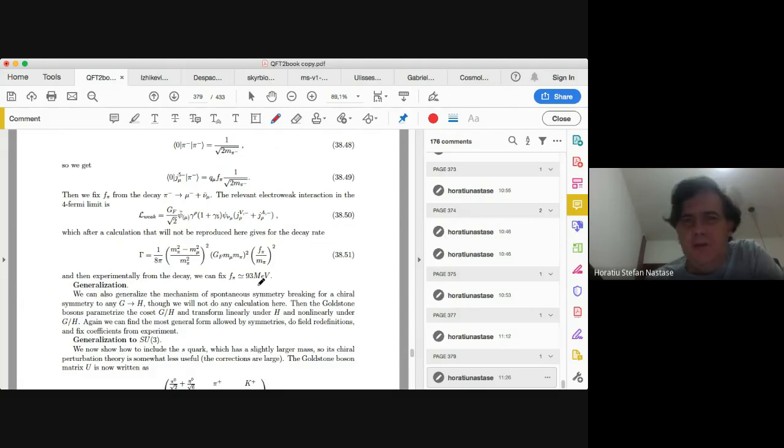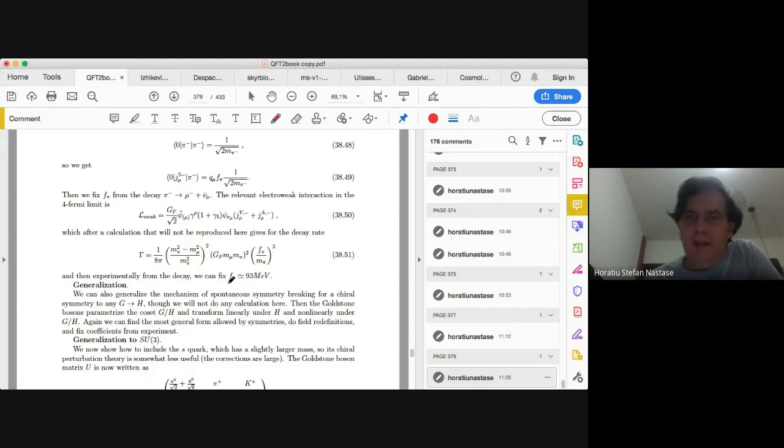I should also say, as a small comment, that there is some convention involved in f pi. There are different conventions depending on different factors of square root 2 involved.